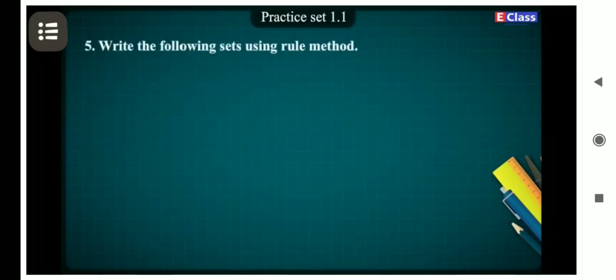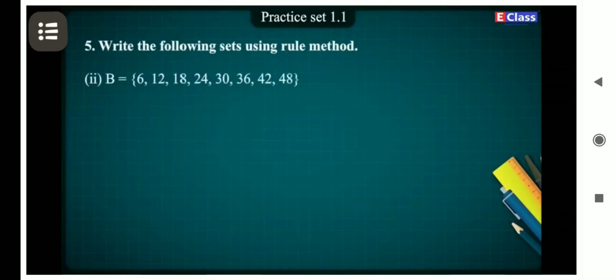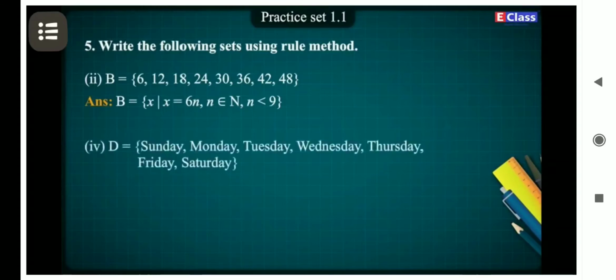5. Write the following sets using the rule method. 2. B = {6, 12, 18, 24, 30, 36, 42, 48}. Answer: B is a set of x such that x = 6n, where n is a natural number and it is smaller than 9. 4.